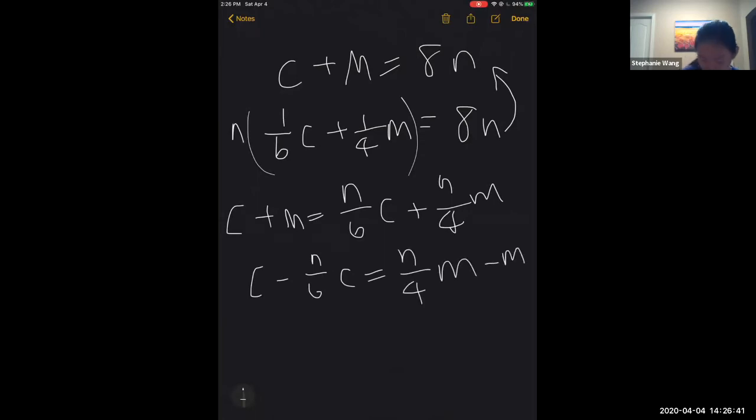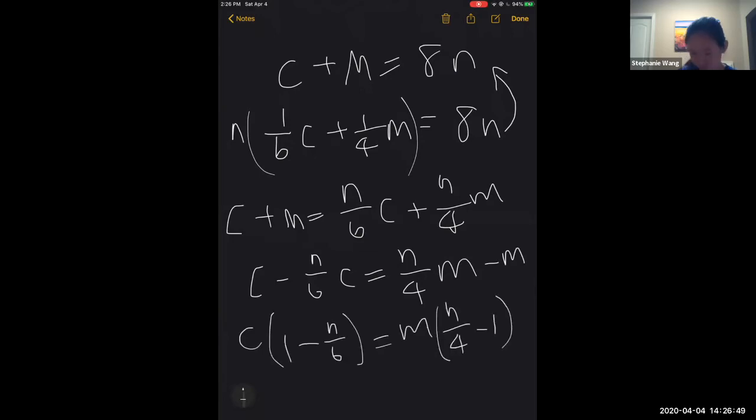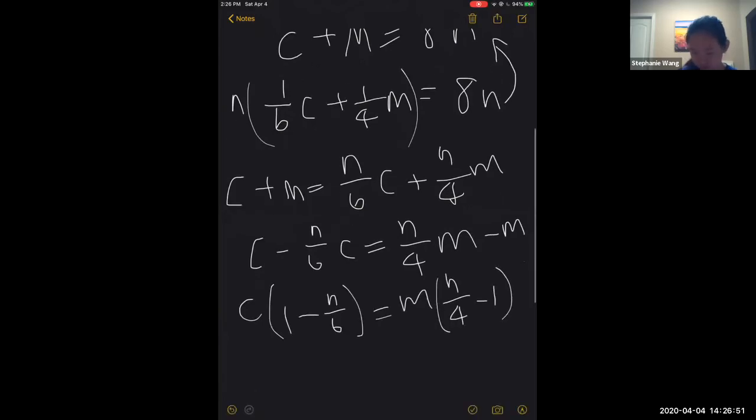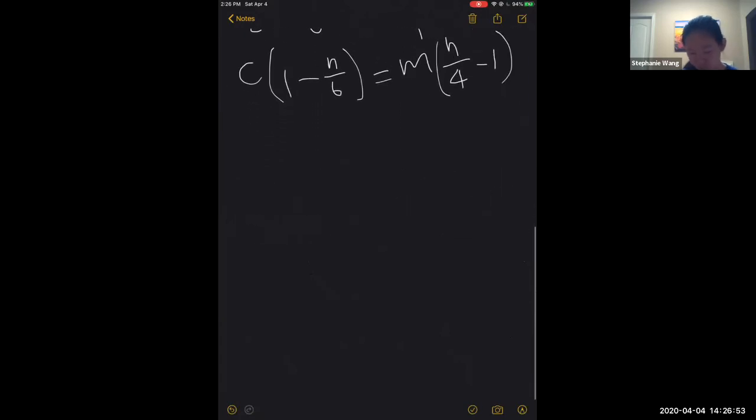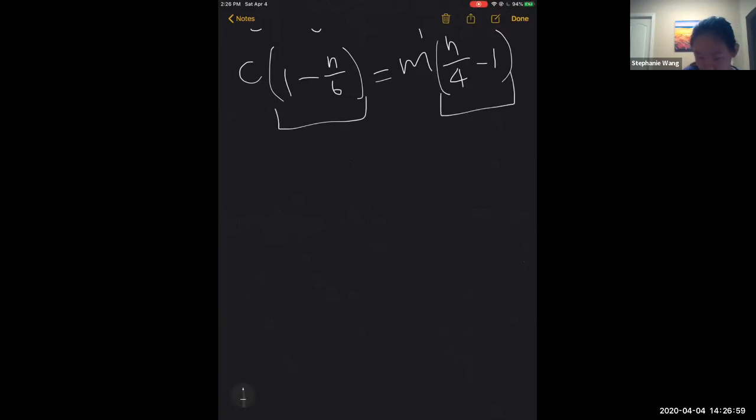And then we can pull out the C from this side, and we pull out the M from this side. All right, so we have this equation right here. But something you want to notice about this equation is that these two terms both have to be positive.